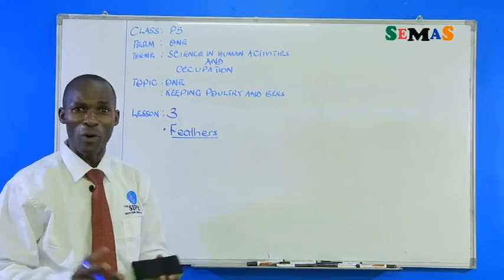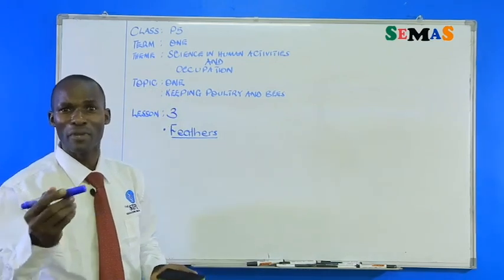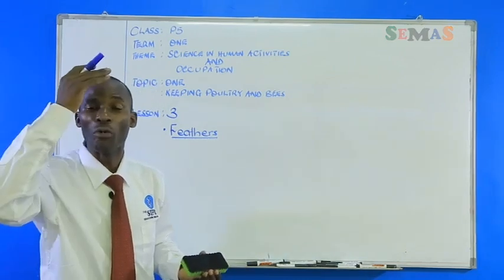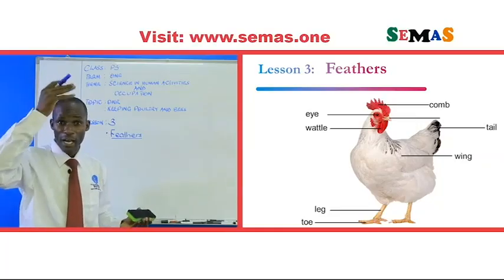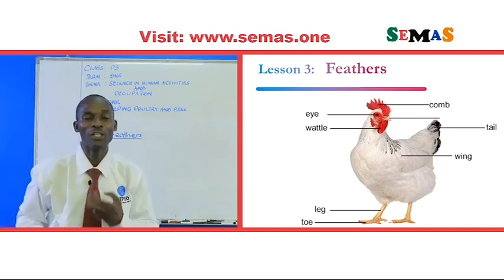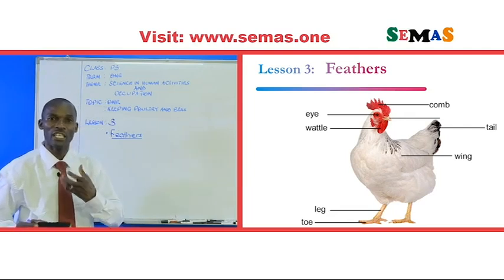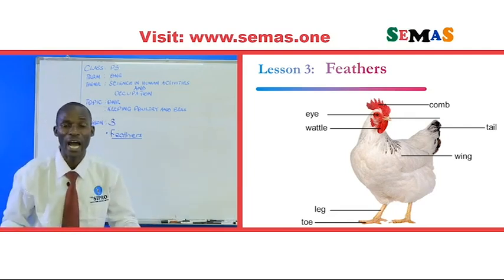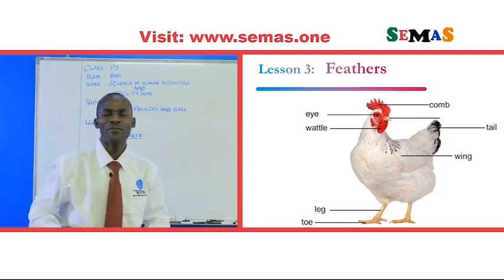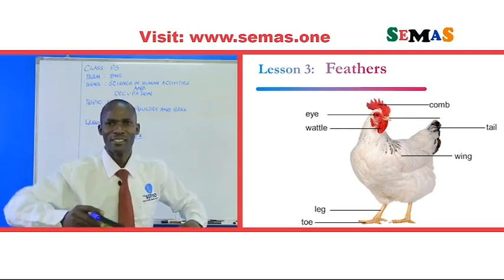Of course, you should be able to remember that we talked about the comb. Where do we find the comb? On the head of a bird. We said the bird has a wattle, especially that chicken that we are talking about, a mature one. Yes, we said it must have wings.